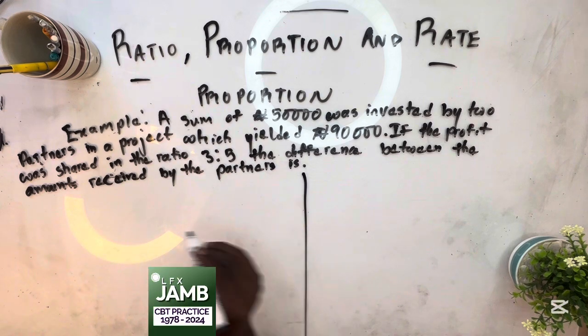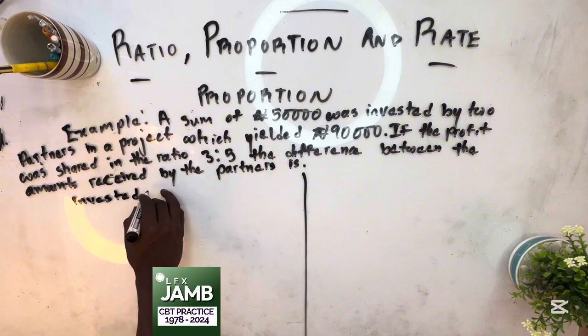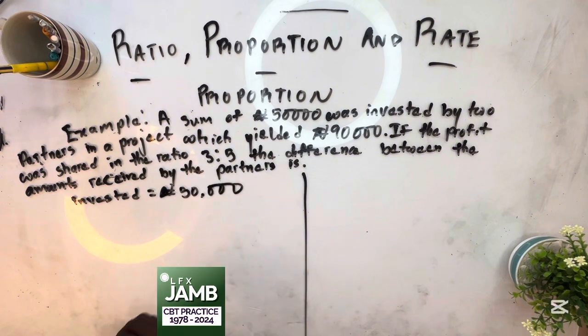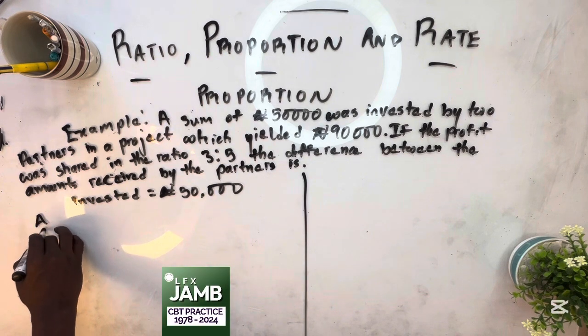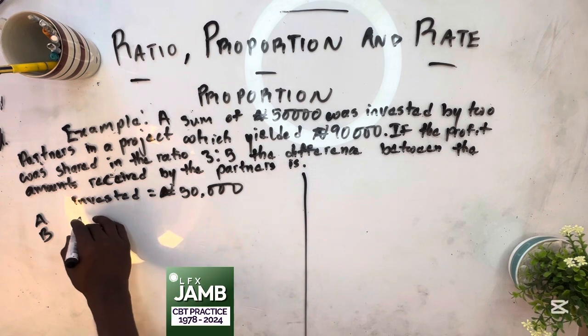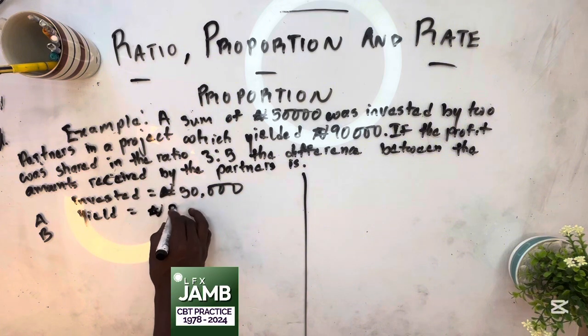A sum of 50,000 was invested. So the partners invested 50,000 naira. 2 partners, let's say partner A and partner B. Now, in a project which yielded 90,000, so yield was 90,000.